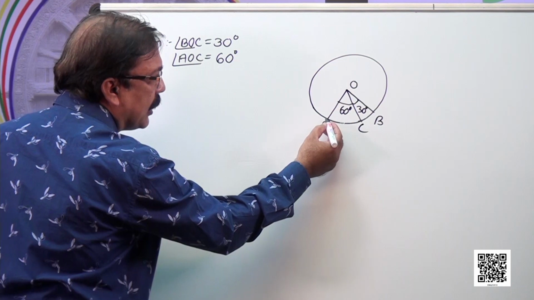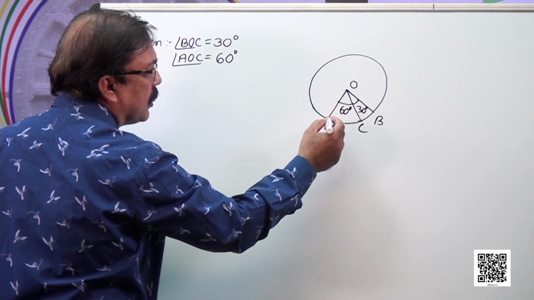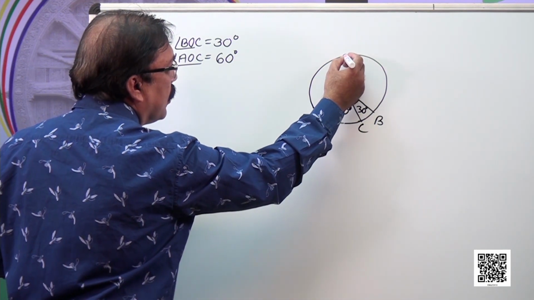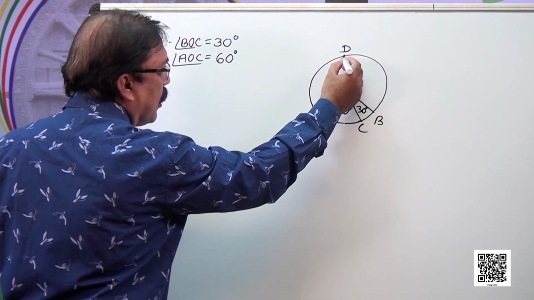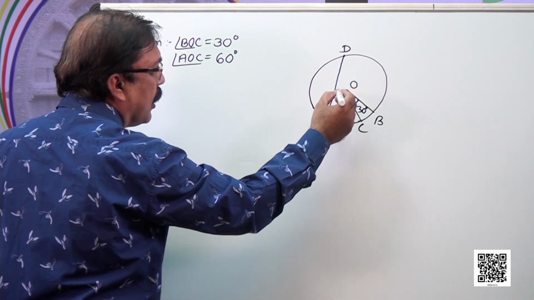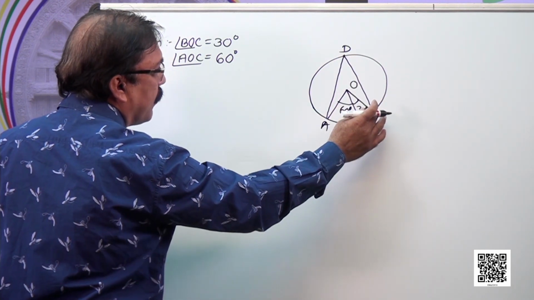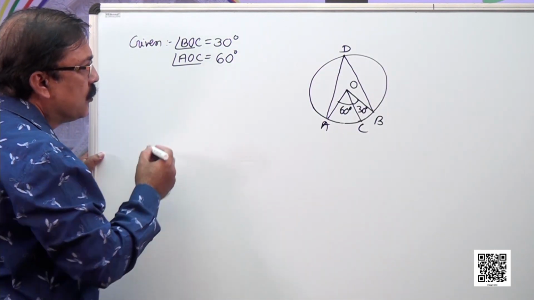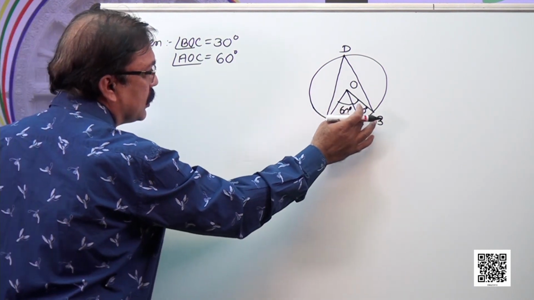Now the arc ACB and rest part of the circle is the major arc ACB and D is a point on it, and ADB is angle subtended by arc AB on the rest part of the circle. So you see AOC and BOC are adjacent angles.